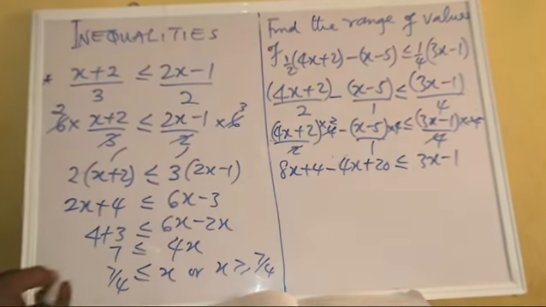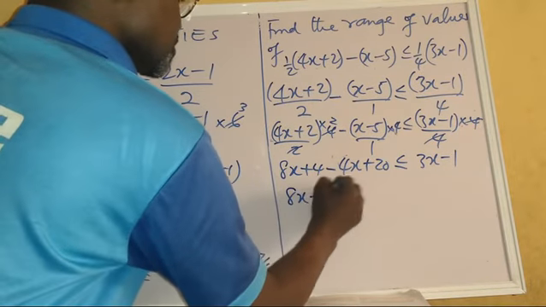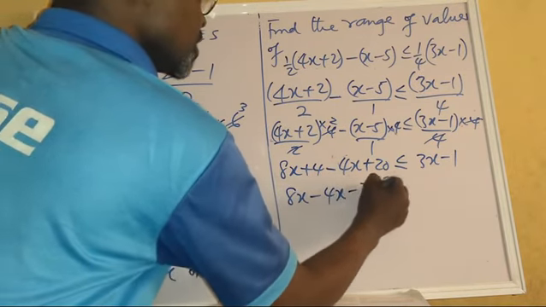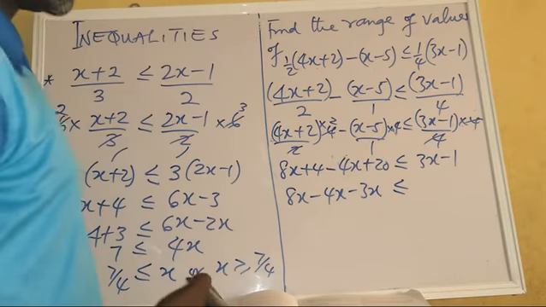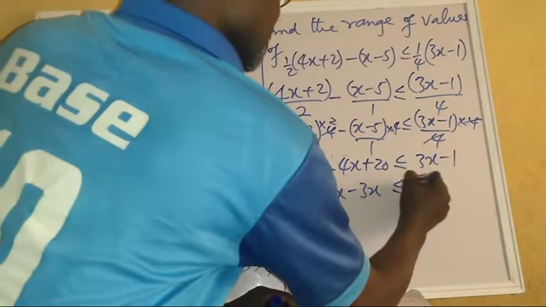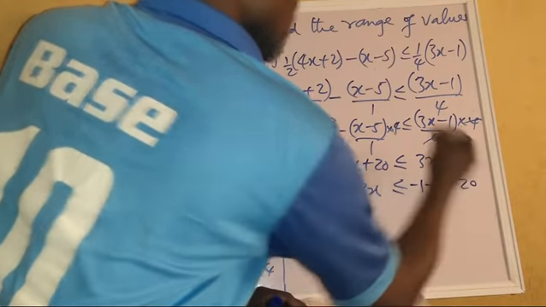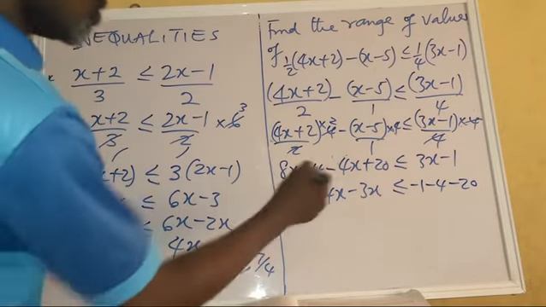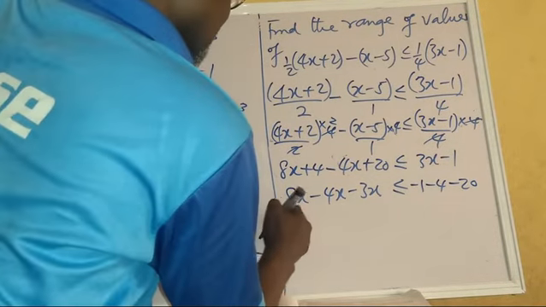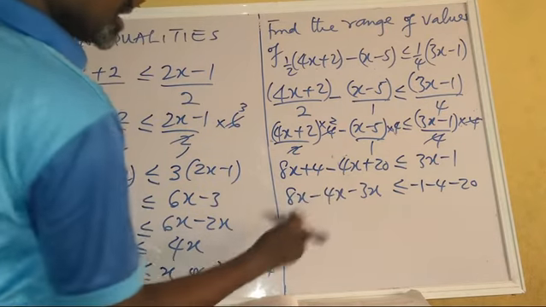Then we collect the like terms together. So we can say 8x - 4x - 3x less than or equal to, this one will go to the other side and likewise 4. That's negative 1 - 4 - 20. So what do we now have here? 8x - 4x, that's 4x. 4x - 3x is x.